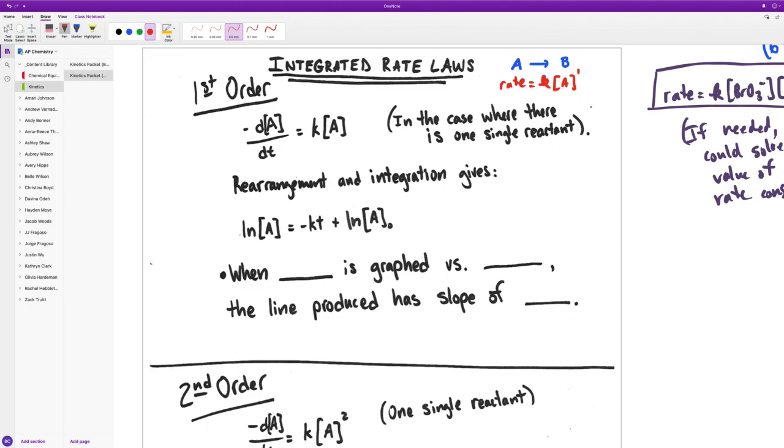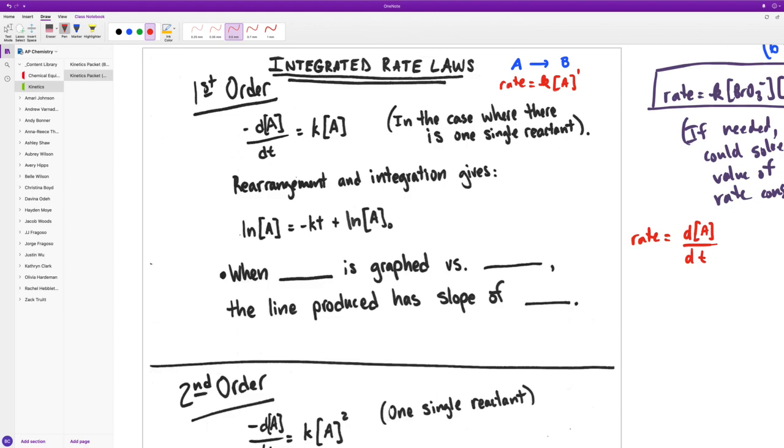Now, in calculus, we can describe the instantaneous rate as the instantaneous change in concentration of A divided by an instantaneous change in time.